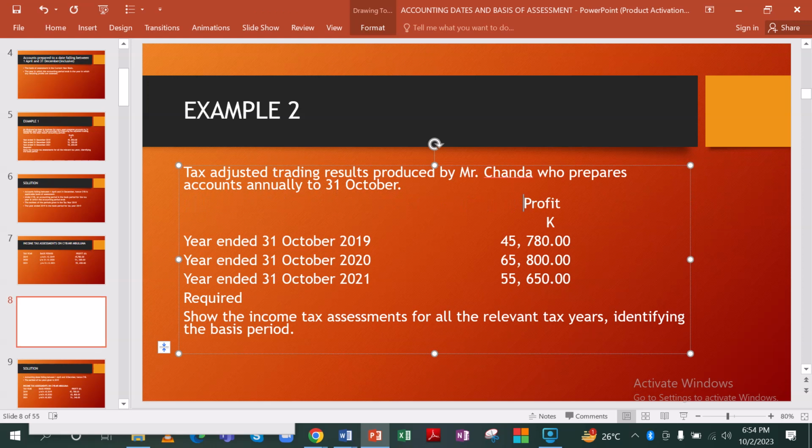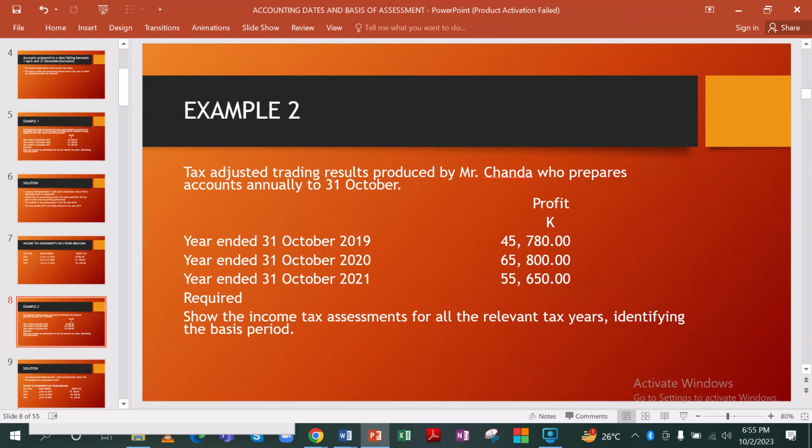So here, what do we have? We have year end 31st December 2019, 45,780 again. Then year end 31st October 2020, 65,800. Year end 31st October 2021, 55,650. What is our task?